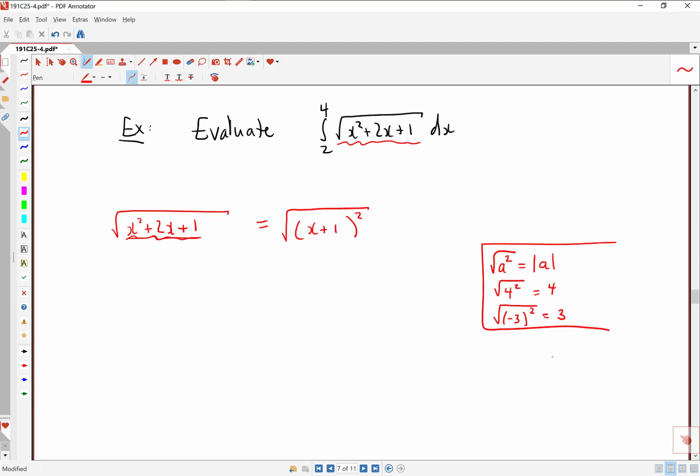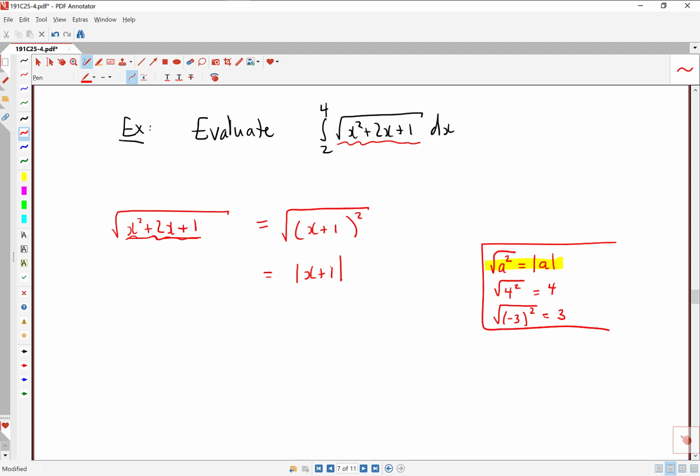It's equal to positive 3. That's because square roots are always taking on non-negative values. So the square root of a squared is equal to the absolute value of a. So while we would be tempted to say that the square root of x plus 1 all squared is x plus 1, the truth is that it's actually equal to the absolute value of x plus 1.